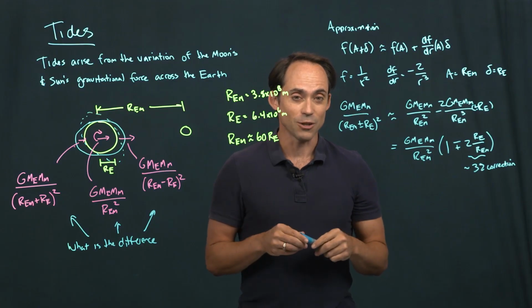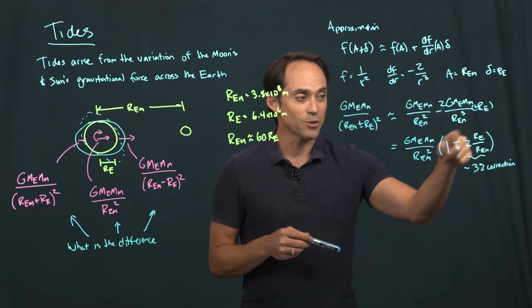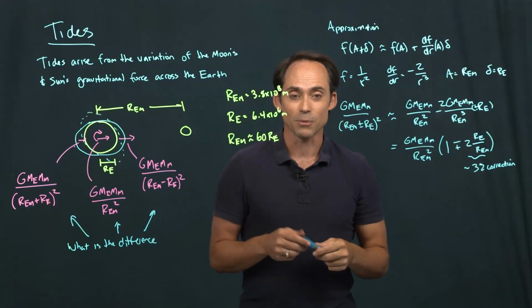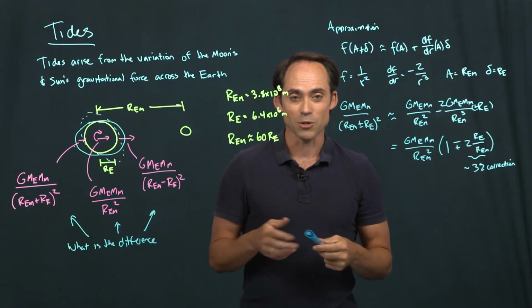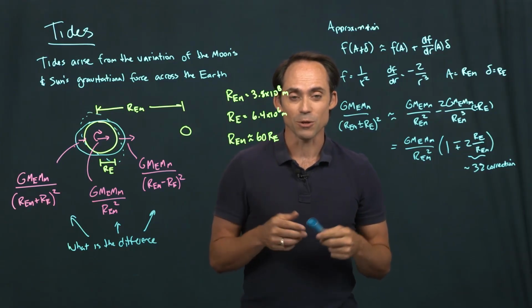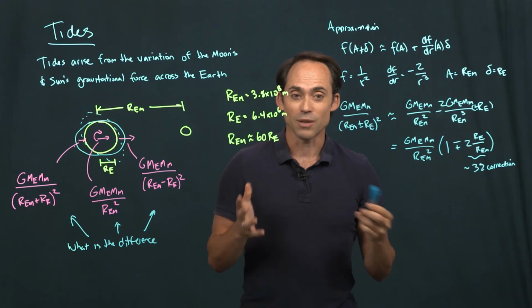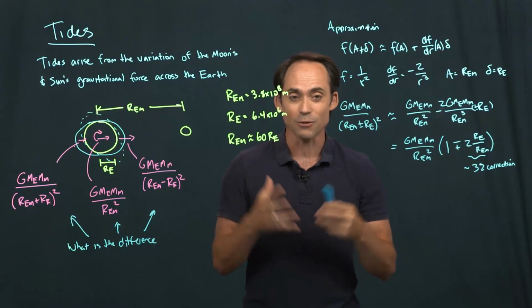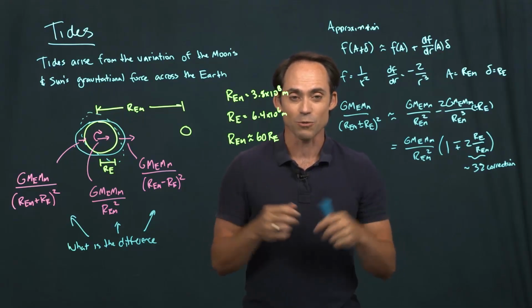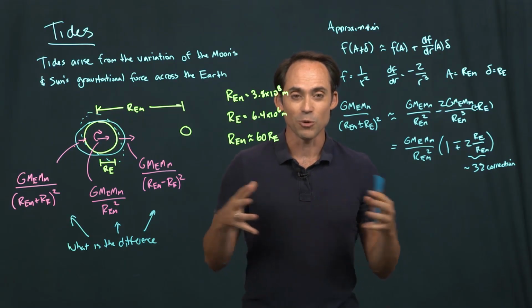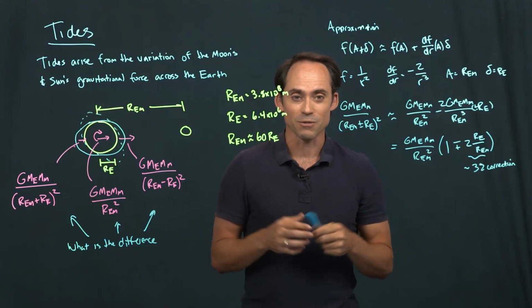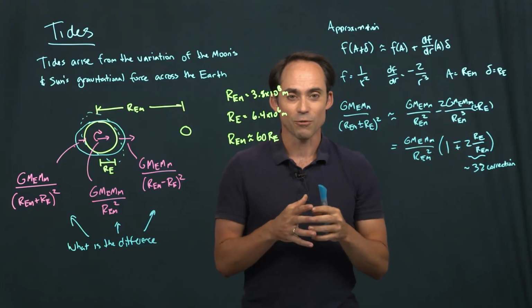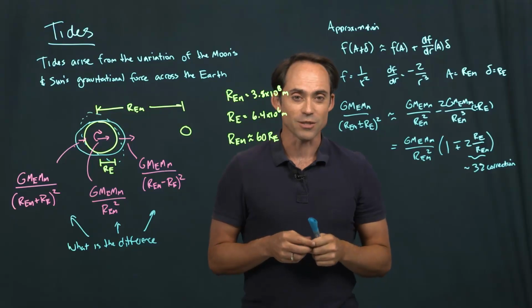The interesting thing is that in the end, you'll find that the tidal force, this extra term at the end, is very similar in magnitude because the sun is so much further and so much more massive. Those terms cancel out. And so in the end, the moon and the sun exert roughly the same tidal forces, roughly the same expansion forces on the fluid parts of our planet, because of this extra correction for the gravitational force varying across the surface of the Earth.